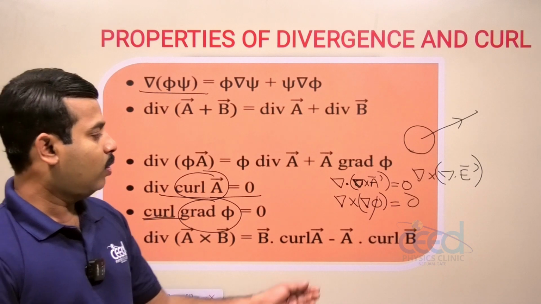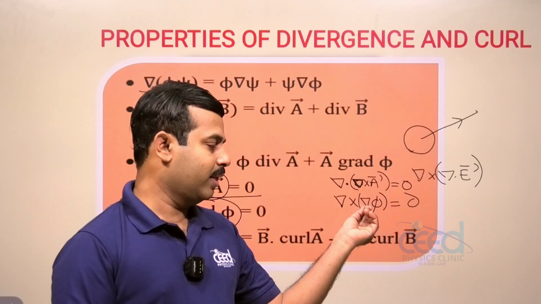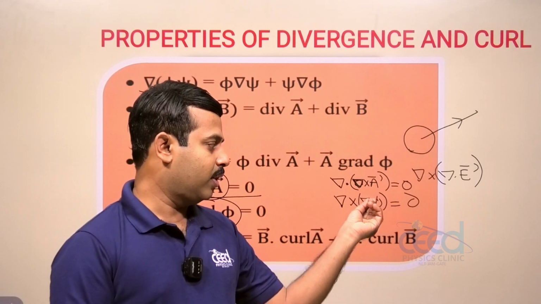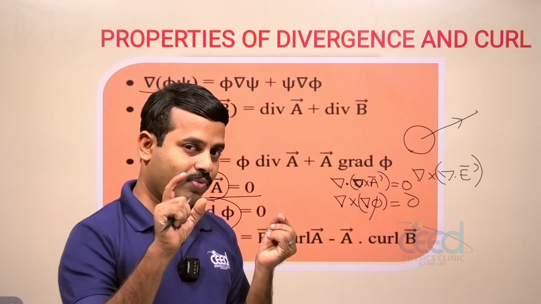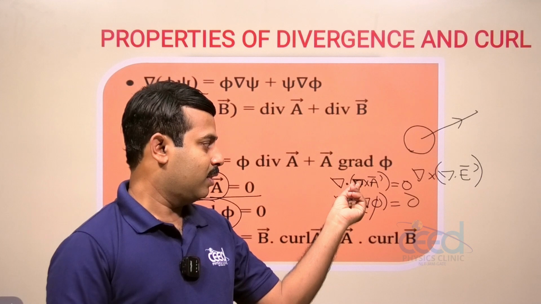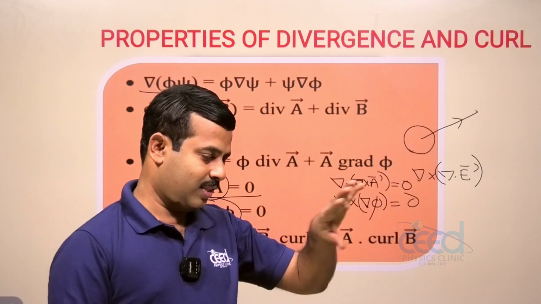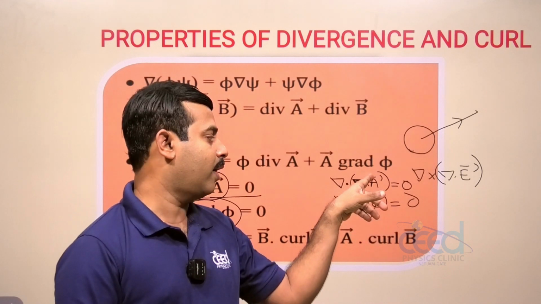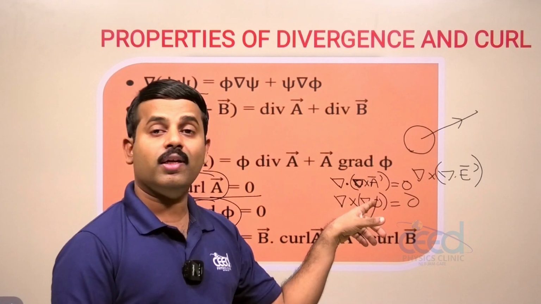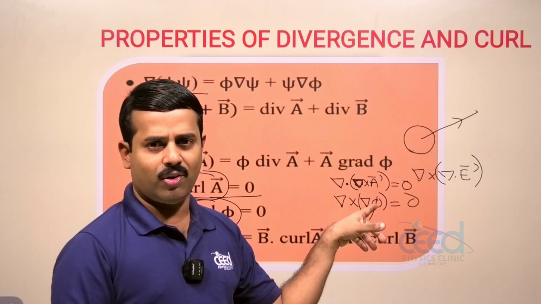Now think that the gradient is defined for a scalar function, while curl, a rotating function, is a vector function. That's why we symbolically use the arrow mark here. No arrow mark means phi is a scalar function.